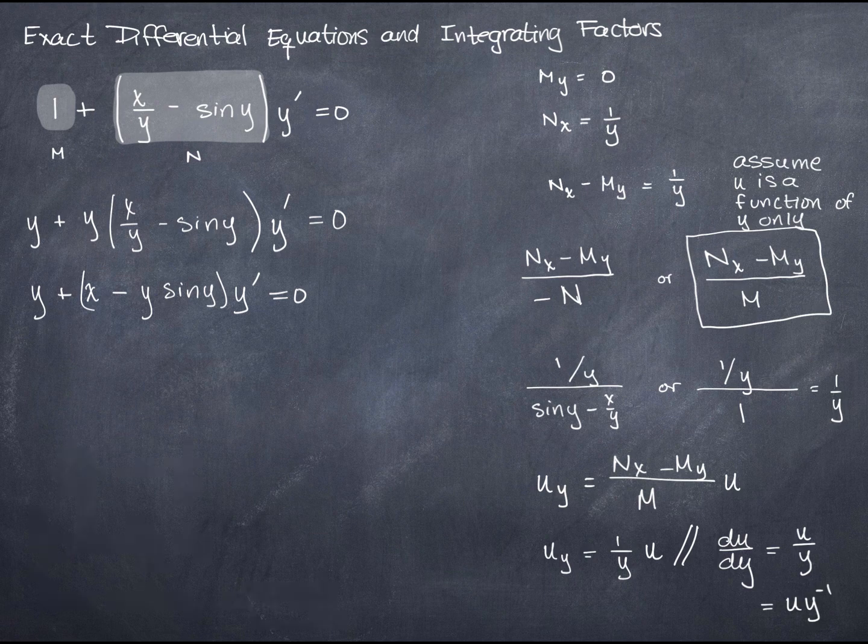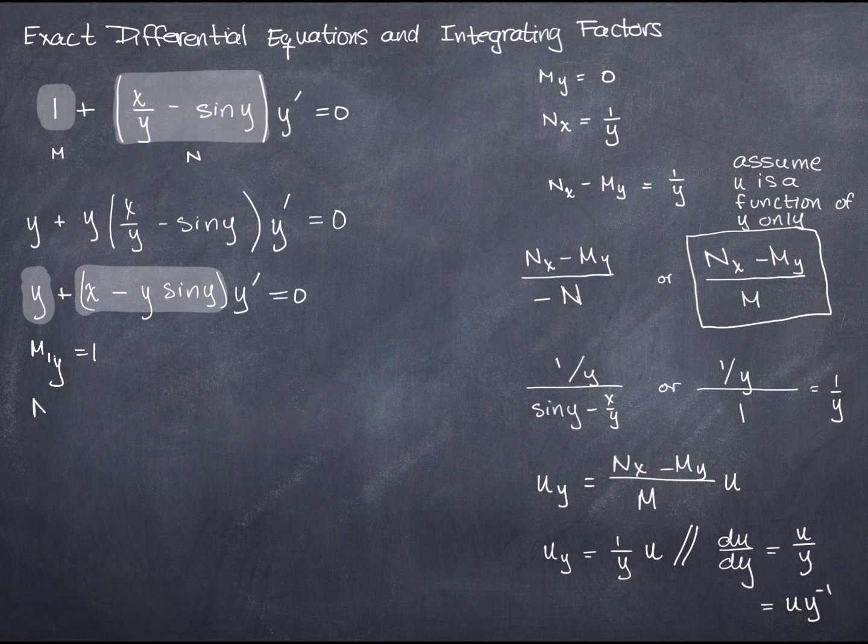I have a new function m and a new function n, and the derivative of m, I'll call this one m sub 1, with respect to y is just 1.